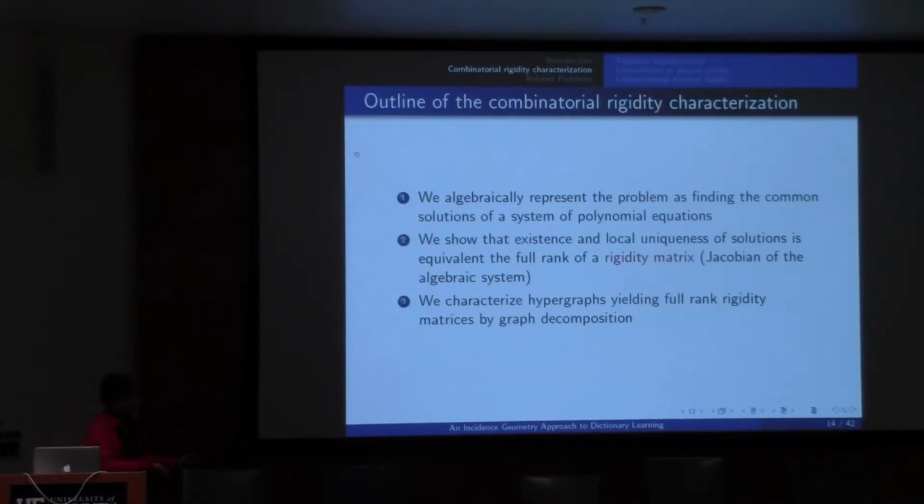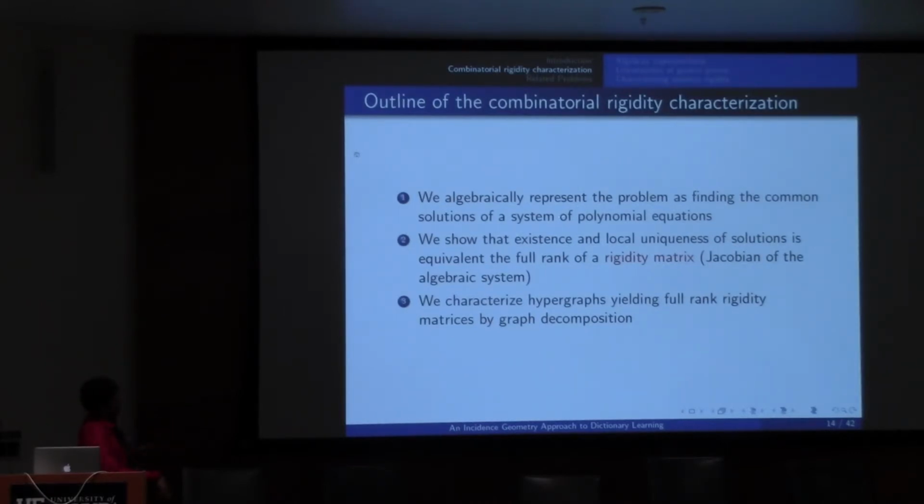Okay, so the general cottage industry in combinatorial rigidity goes through these steps. You write the algebraic problem of finding the solution for the dictionary vectors using the given data points.